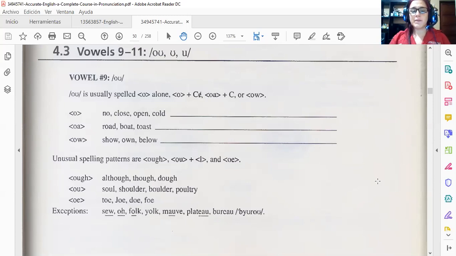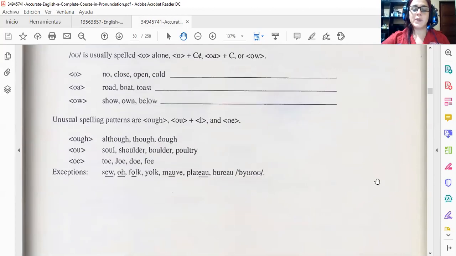Toast. These sounds are more explosive, the P, the T, and the K at the beginning of the words, okay? Then we have show, own, and below.